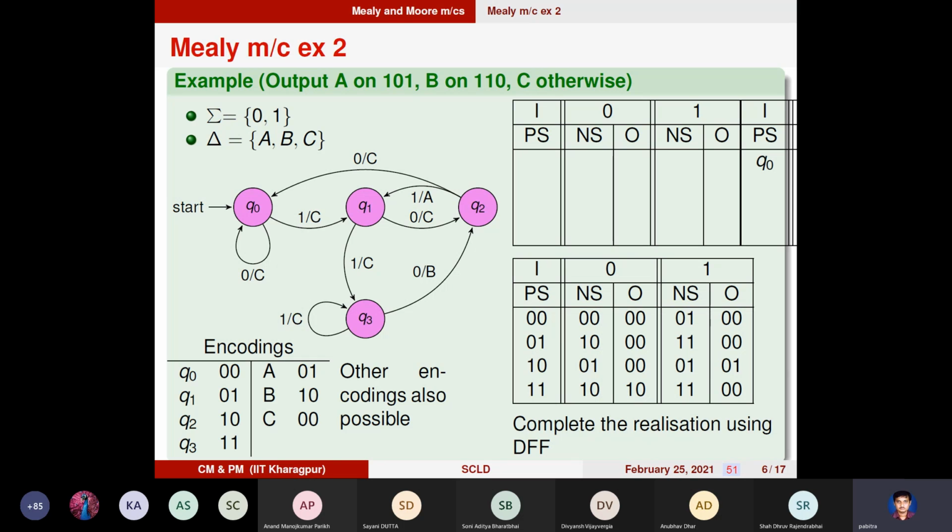Okay, so now let us design a Mealy machine for this. Two points you should try to understand. One is that the input stream can be possibly infinite. It can keep on coming and coming and coming. The output is finite, and it is a finite state machine in the sense that we are allowed to use only a finite set of states.